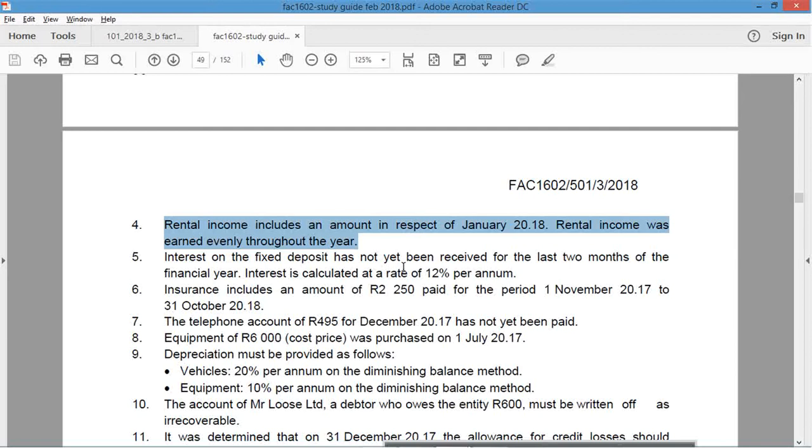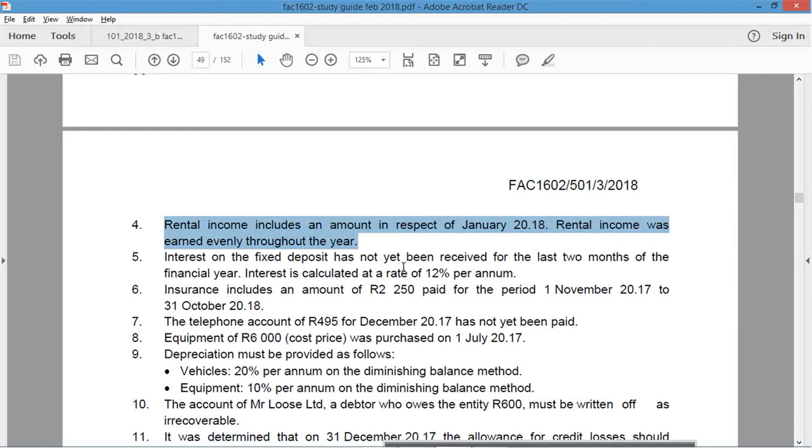So income received in advance is what kind of account? Income. Think about it. If you get income in advance, good or bad? Well, it doesn't really matter because it needs to even out, so it's good, I guess. But what are you going to view it as?